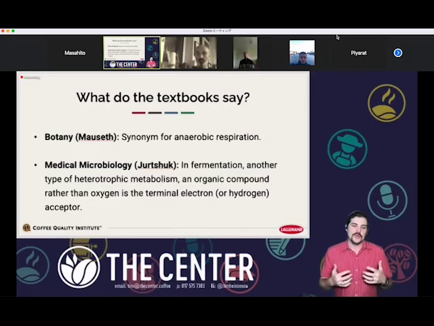So we can clearly see that even between the two dictionary descriptions and these textbook definitions, based on the type of industry you're in or how you're approaching fermentation, there could be slight differences in how we understand and define what fermentation actually is.